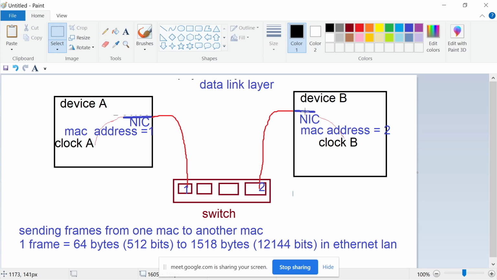The MAC address of the NIC on the right hand side may be 2, and the MAC address of the NIC on the left hand side may be 1. So the data link layer is in play over here. It is not only about the physical layer, your clock synchronization and sending the bits 0 and 1. At this layer, MAC addresses are important information, where the data link layer tries to determine which MAC address I need to send the data to.